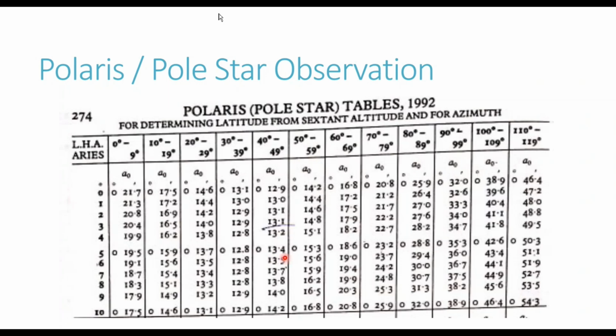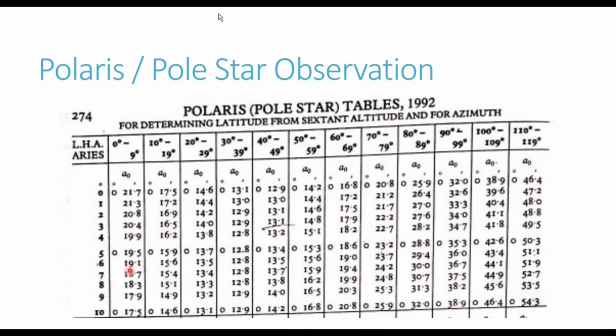In case the LHA Aries has minutes also, an interpolation may be required. To give you an example, let's say the LHA Aries is 005 degrees 30 minutes. So we enter into the first column, which is from 0 degrees to 9 degrees. So 1, 2, 3, 4, 5. When you go to 005 degrees, you see the value is 19.5 minutes.